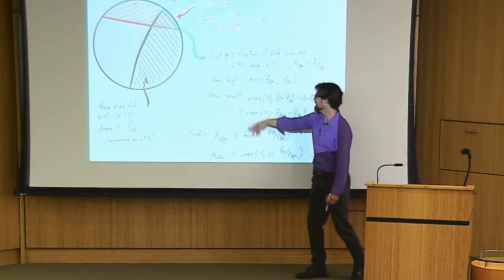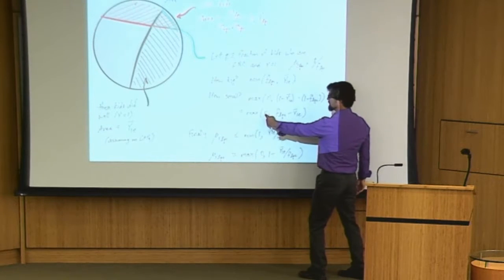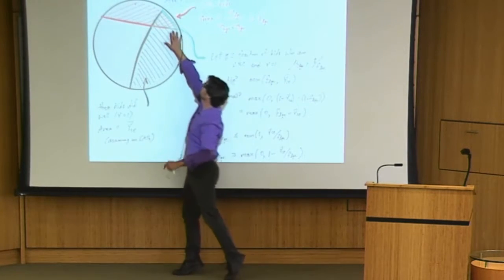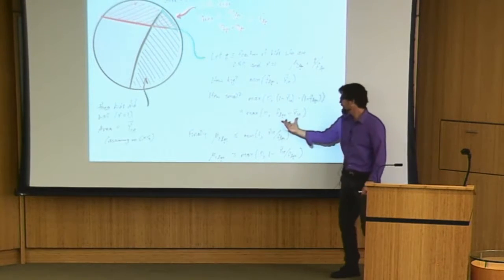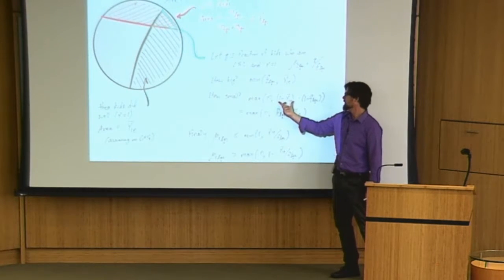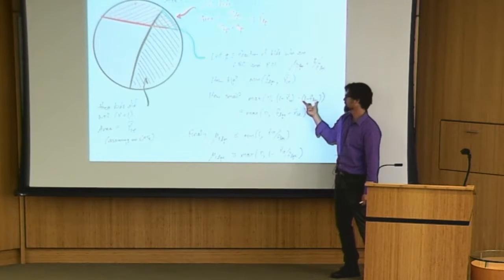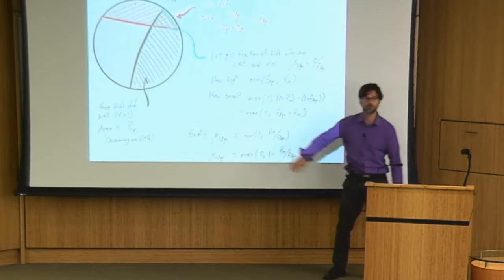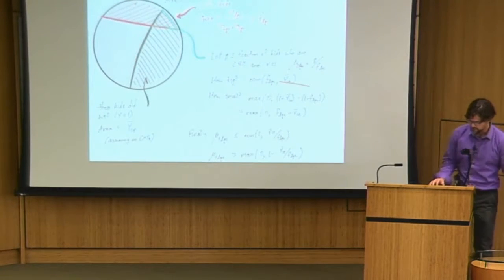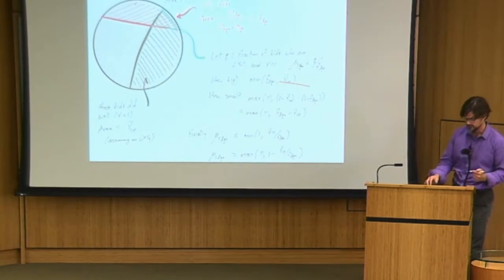How small can it get? Well, it can't get any smaller than 0, right? It can get as small as 0, but it can't be negative, and also can't be smaller than the white space minus the other white space. So it's like the inverse of the problem, which gives us this. And that's what gives us our bounds.